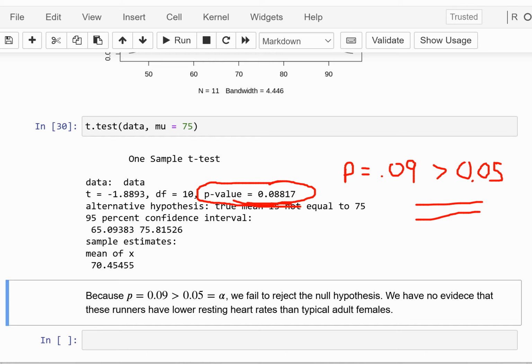Why? Well, we don't have great evidence that the null is false. Okay. So those are the two statistical conclusions: reject the null and fail to reject the null. All right, and we'll learn how to interpret those findings as we go forward. So this concludes the introduction to hypothesis testing.